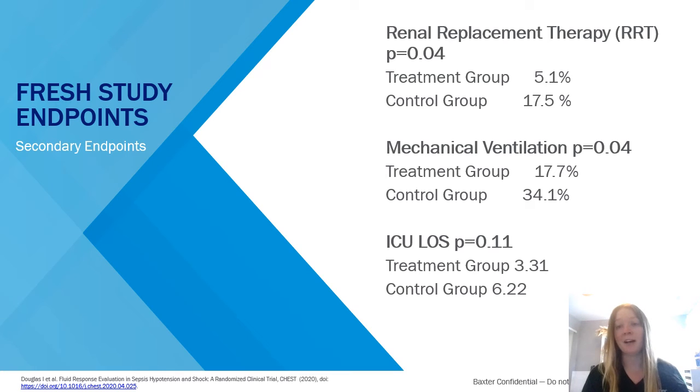The treatment group had 5.1% needing RRT compared to the control group, which needed 17.5%. Mechanical ventilation, now this was the initiation of mechanical ventilation, was almost a 50% reduction, 17.7% versus 34.1%. They also looked at ICU length of stay. Although this was not statistically significant, it was clinically significant, favoring the treatment group by less than 3 days in the ICU.